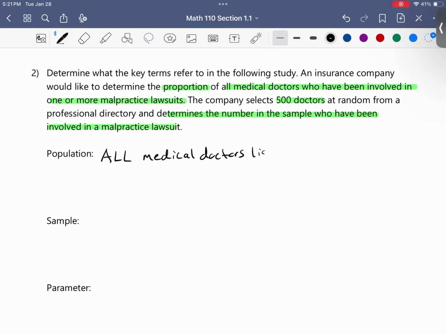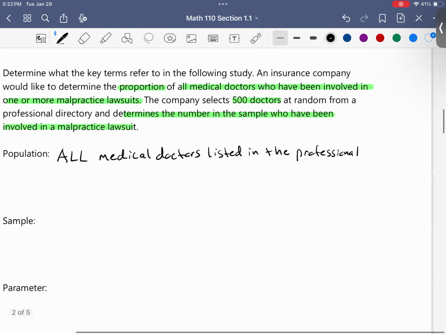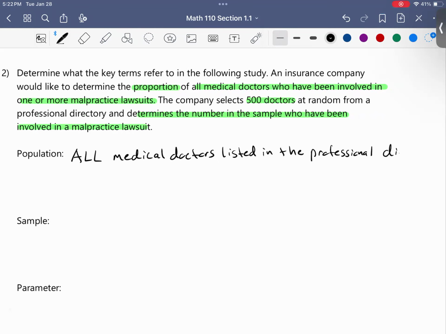listed in the professional directory. Okay.